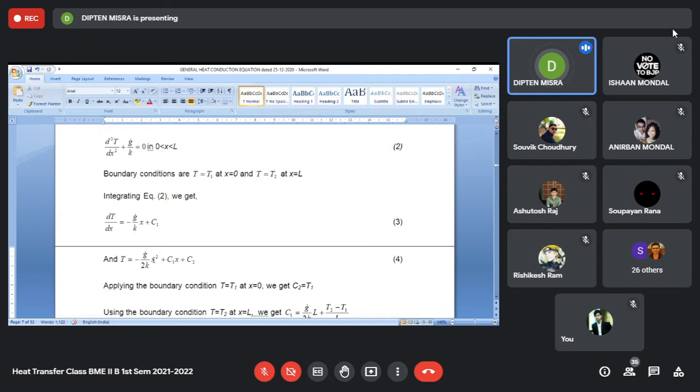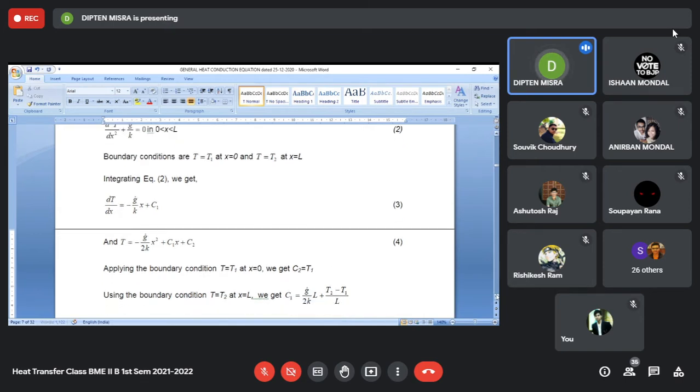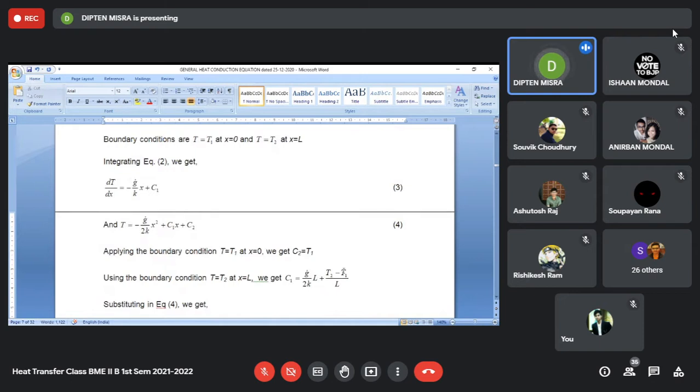What happens is that it becomes L, because there is an L square and there is an L, so it becomes L. So your C1 becomes equal to g dot by 2k L plus (T2 minus T1) by L. At x equal to L, this becomes equal to T2, and this is T1, so it becomes (T2 minus T1) by L. So this is how we find out the values of C1 and C2.